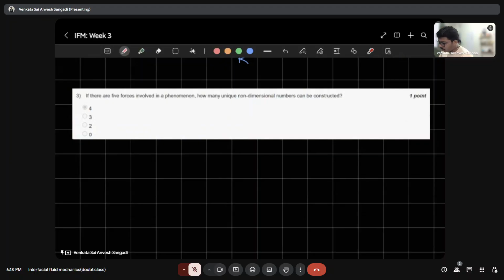Let's look at the third question. It says, if there are five forces involved in a phenomenon, how many unique non-dimensional numbers can be constructed? Let us work it out, assuming for simplicity that we have five forces.